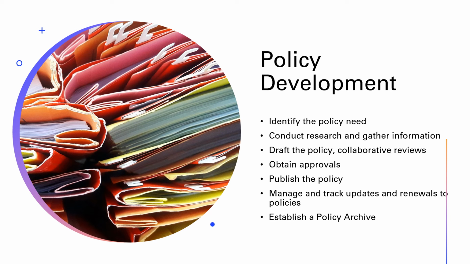They will then draft the policy, sometimes using a template, and typically get collaborative reviews, get their peers with the same expertise to review it, make sure that everything's good, and get it to what we would call the final draft side of this. At that point, you're going to want to obtain approvals from identified leaders that have to approve the policy, and then at that point, it is ready to publish.